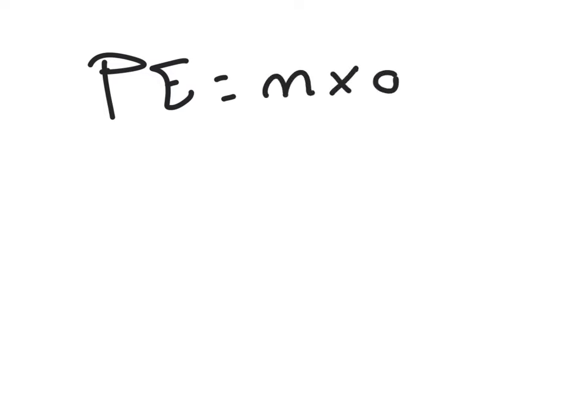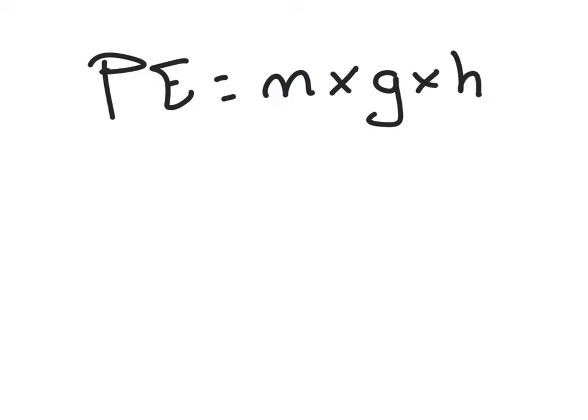Number 12 said, what is the potential energy of that object now that it is 1.5 meters above the ground? How do we figure out potential energy? Awesome. Mass times gravity times height.